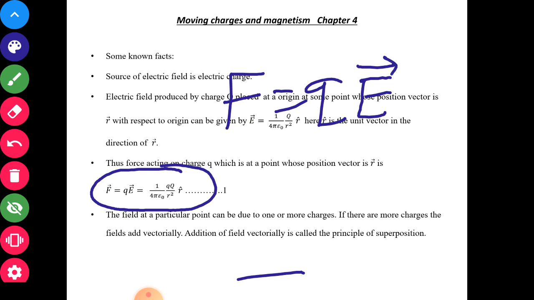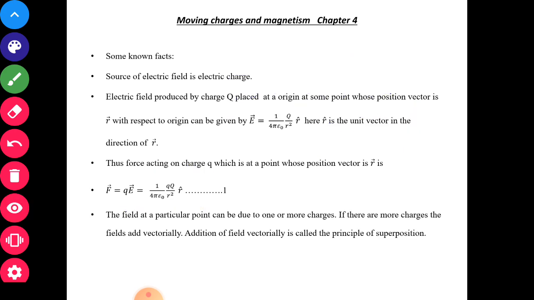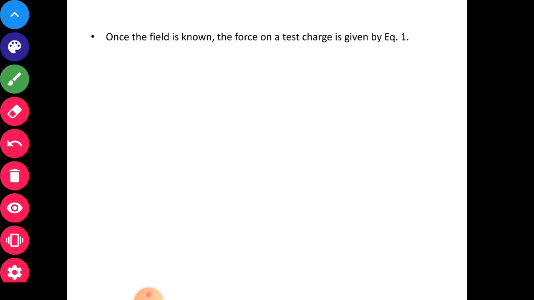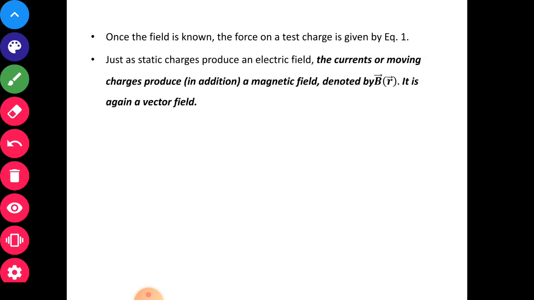Whatever is the electric field, that is multiplied by q. That is the force acting on the test charge. The charges which produce the field are called the source charges. Once the field is known, the force is known to you.